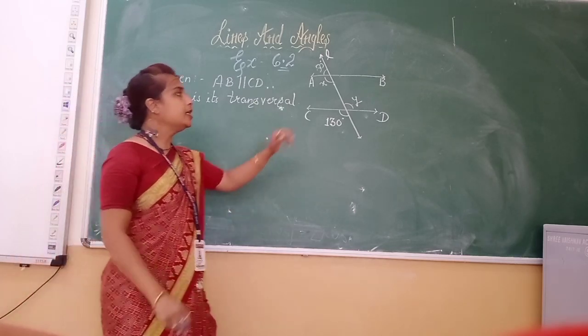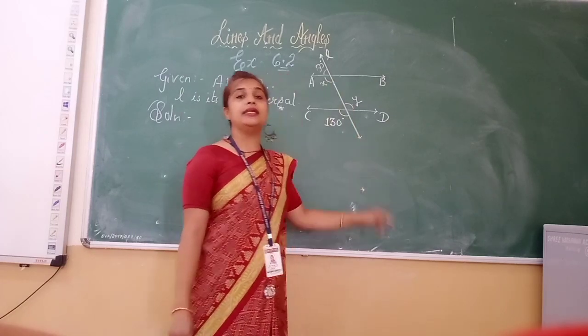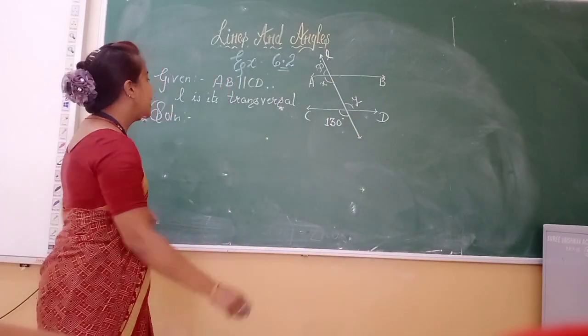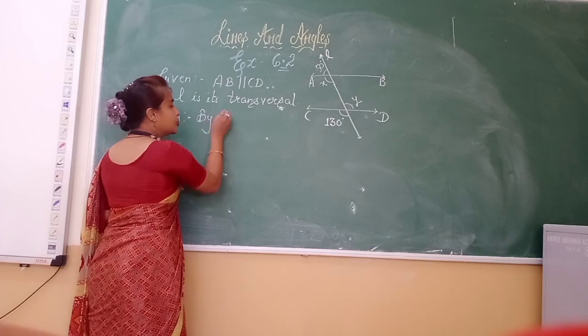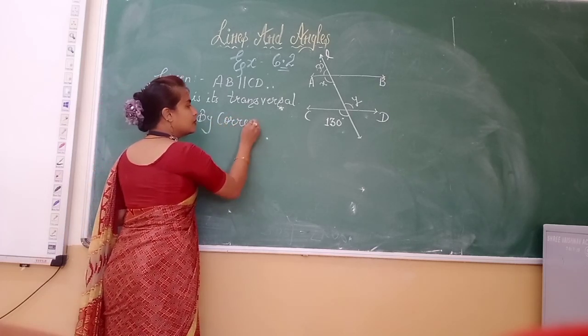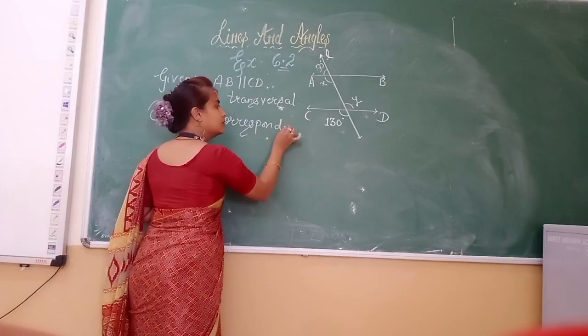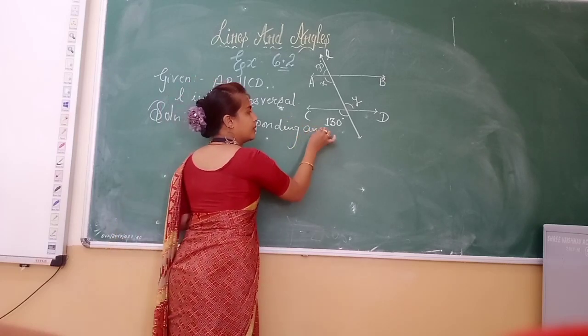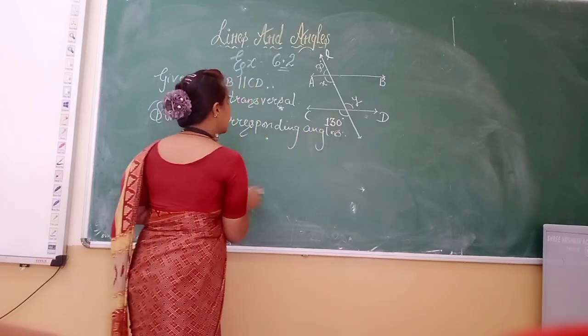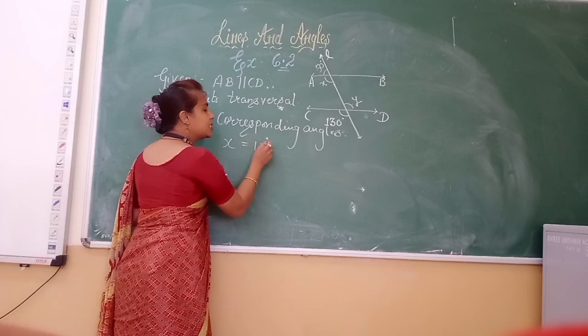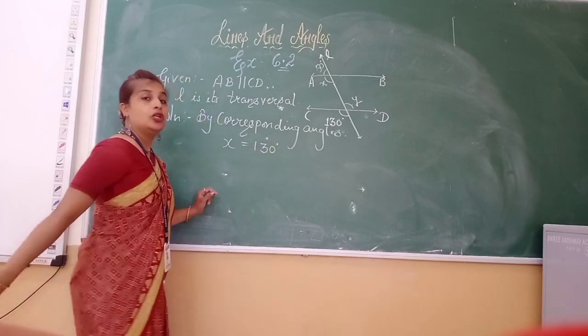Here we are having x and 130. These are corresponding angles. So by the corresponding angles property, x is equal to 130 degrees.